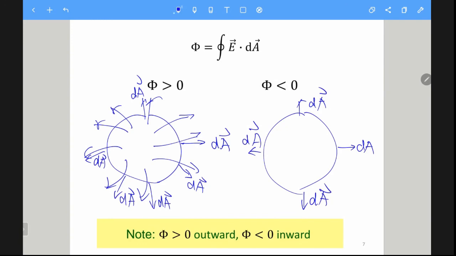And if the E field is generally pointing inward, then you can see E dot dA will be a negative number. Here we don't talk much about how the calculation is really done. We only talk about whether the value is positive or negative.